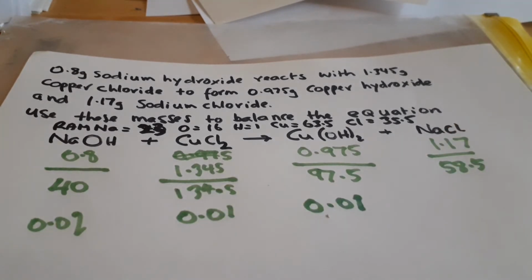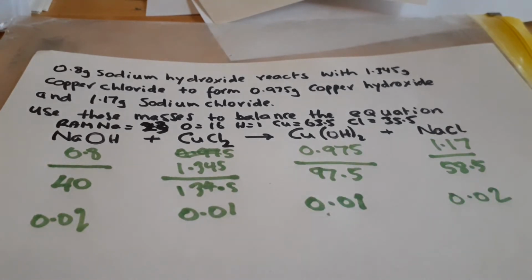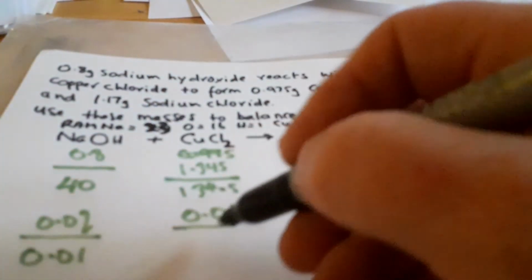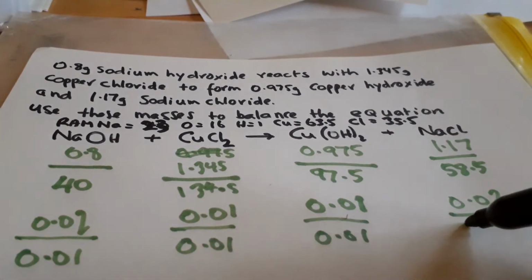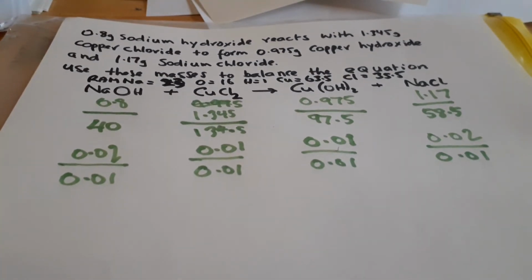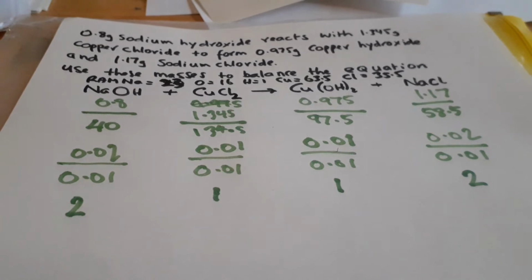And 1.17 divided by 58.5 will come out as 0.02. So the smallest of these results is 0.01. So let's divide everything by 0.01. This will come out as 2, 1, 1, 2.